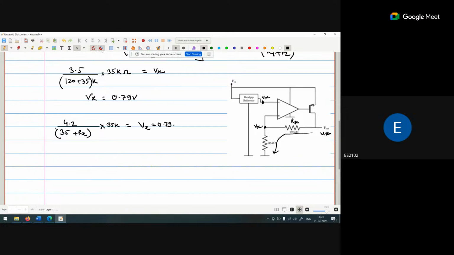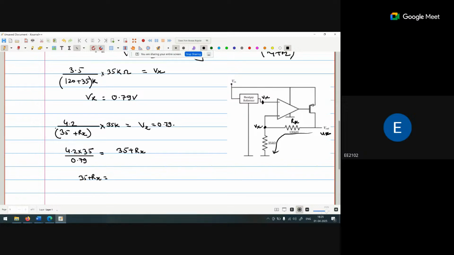So if we calculate this, 4.2 into 35 divided by 0.79 is what? 35 plus Rx.